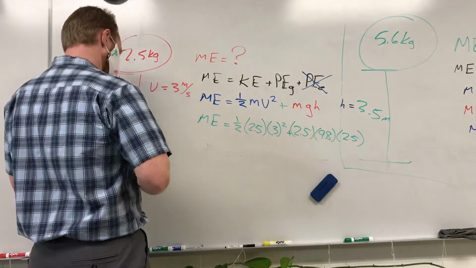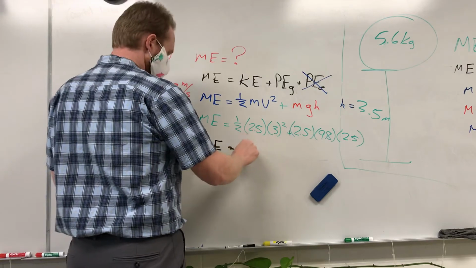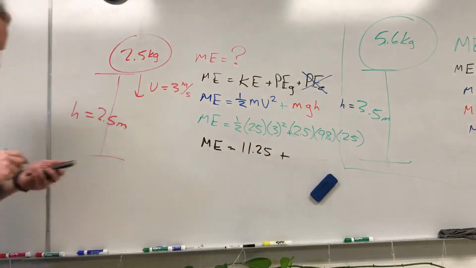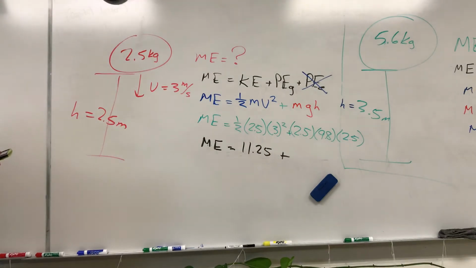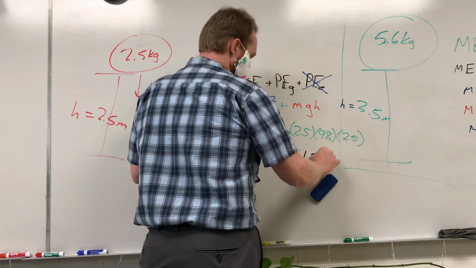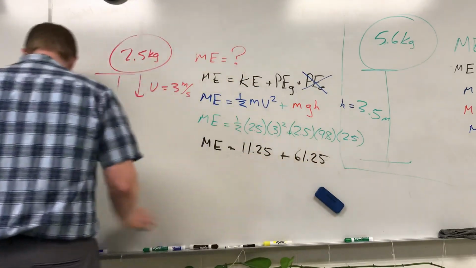My mechanical energy is equal to 11.25, that's only the kinetic energy piece, 0.5 times 2.5 times 3 squared, plus my gravitational potential energy piece, which is 61.25. So how much total mechanical energy do we have?